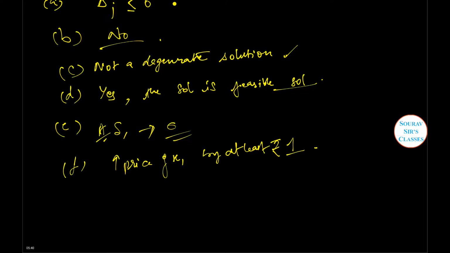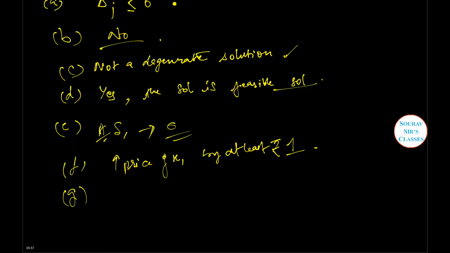rupees 1. Now we move on to the 7th question, that is, how many units of the two products x1 and x2 are being produced according to this solution, and what is the total profit?